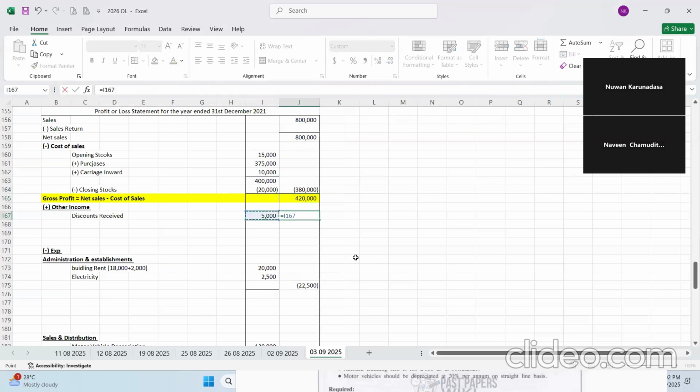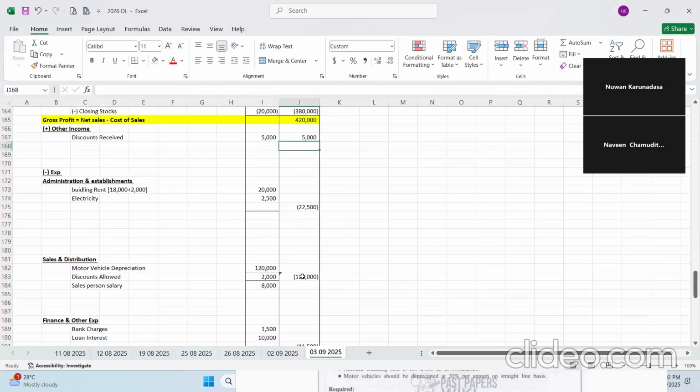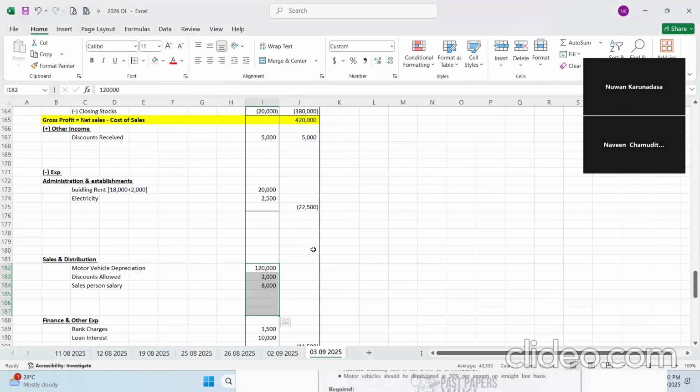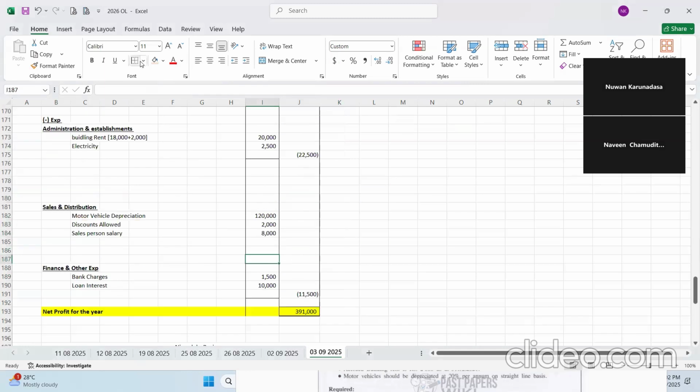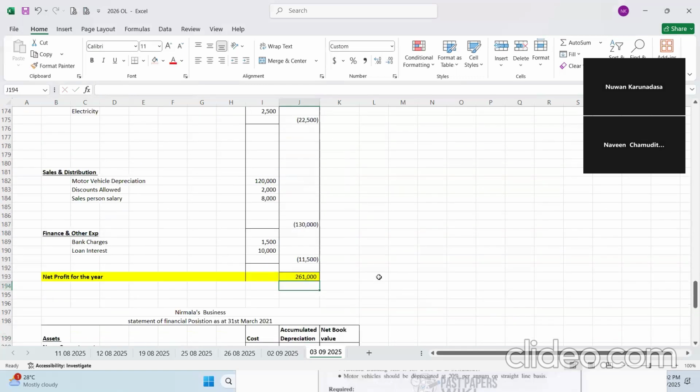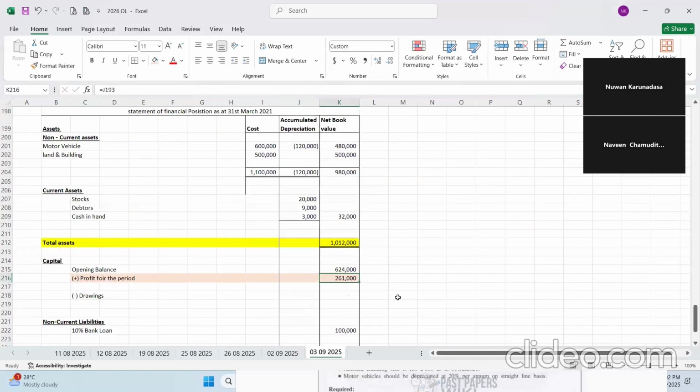Then we have other income here. Here, profit for the year comes to 261,000, added to capital.